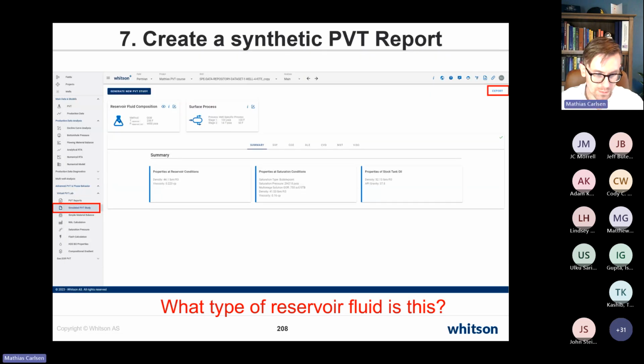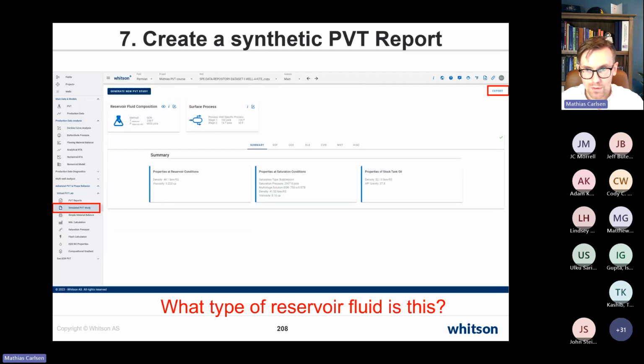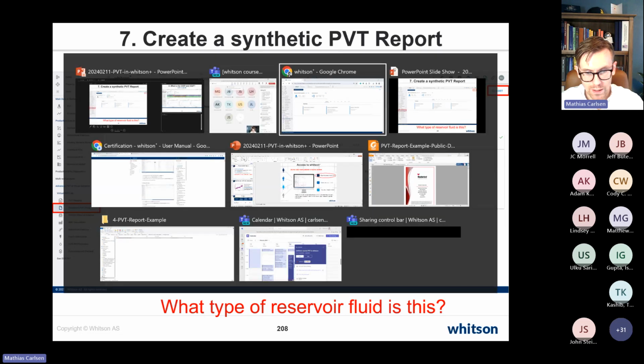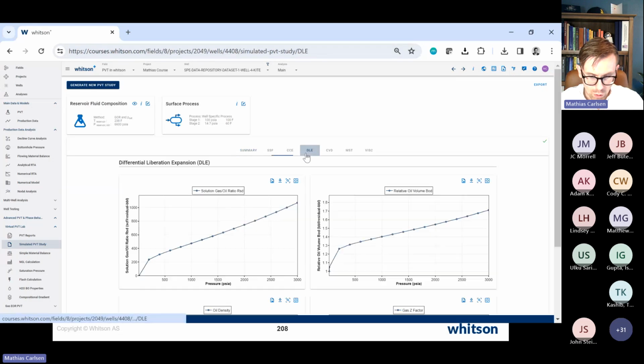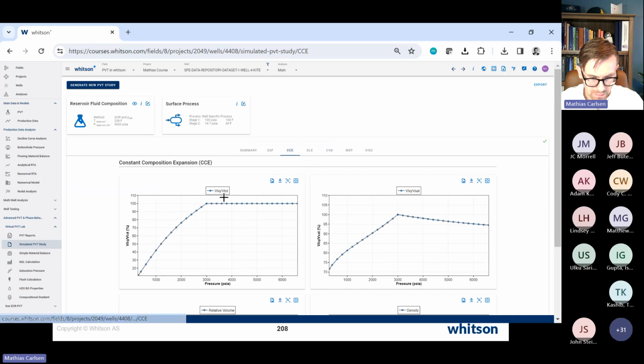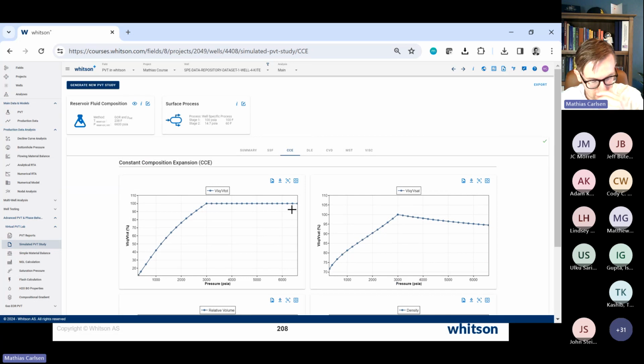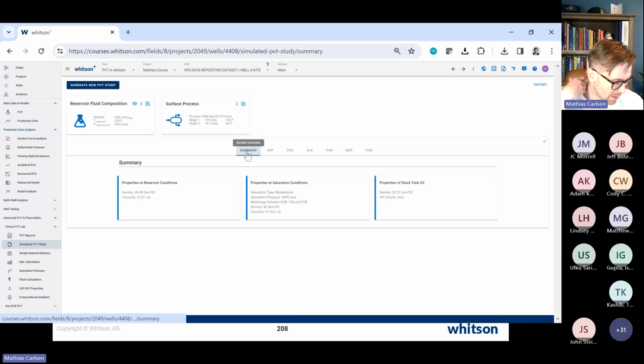Okay, black oil, excellent. I think that's a black oil too, so that's good. If it was more of a volatile oil, you would probably see very linearly decreasing liquid dropout curves here. So you would probably see a much steeper shrinkage curve than what we're seeing in this case.